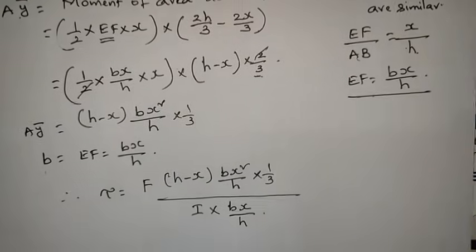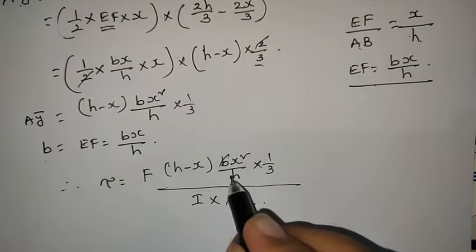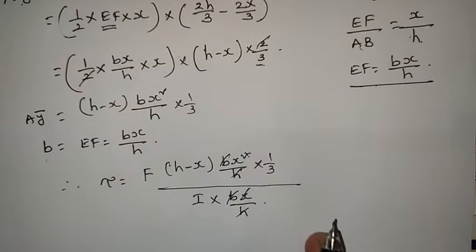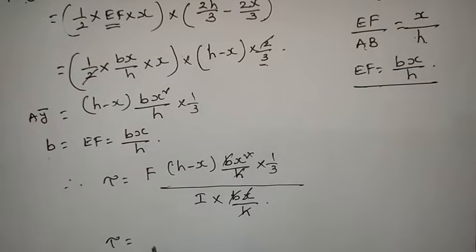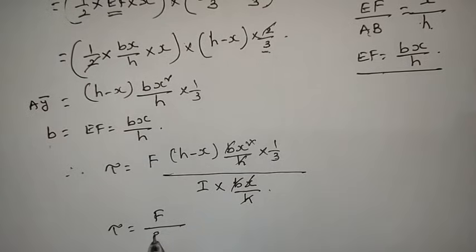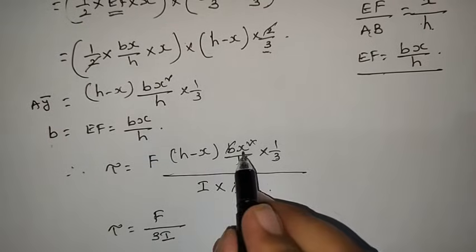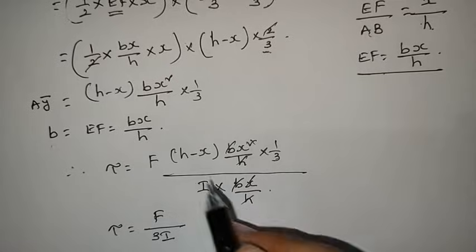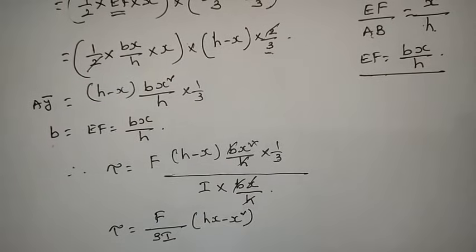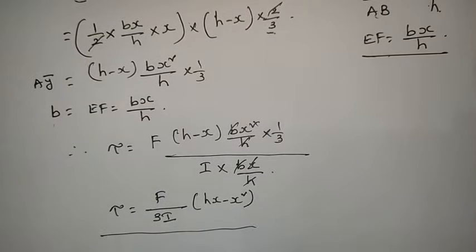Okay, so here b cancelled, h cancelled, one x will be cancelled. So then what you get, tau equals F by 3I into, multiply this x inside, so hx minus x square. So this is the general expression for shear stress of a triangular section.